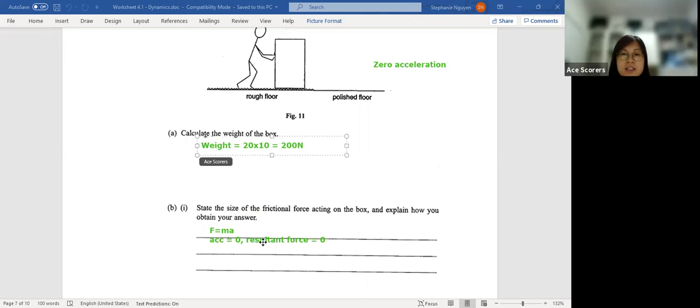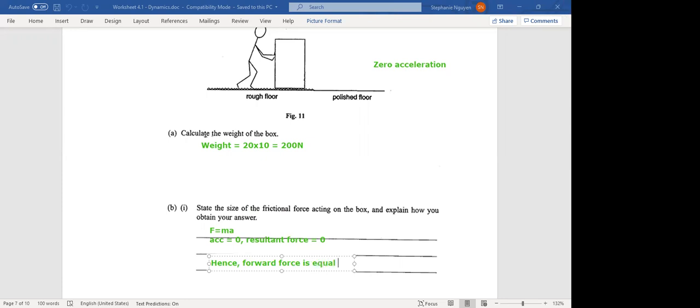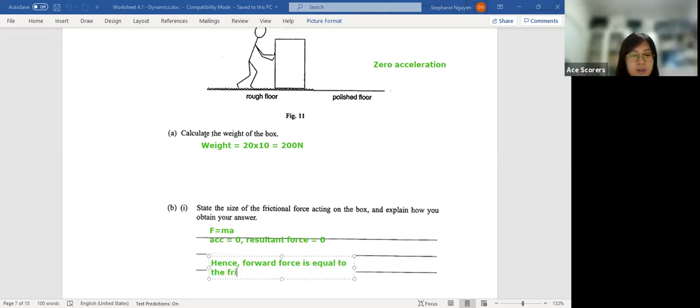All right, so with a zero resultant force, then it means that there are balance forces. This also means that the pushing force or the forward force is equal to the frictional force. Got it? So what is the frictional force?